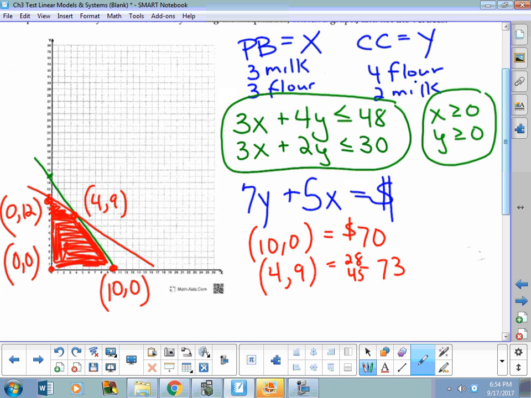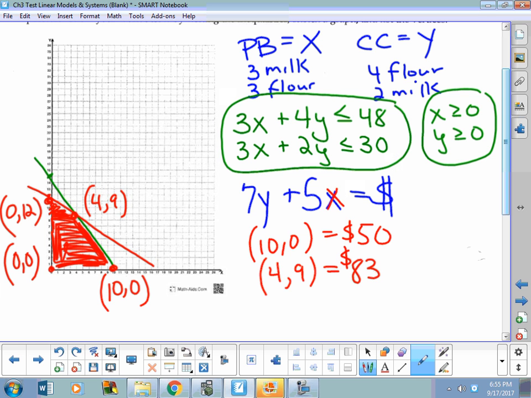Ooh, that looks like $73. Did I get that right? 28 and 45, yep. If I plug in, oh wait, hold on. I'm getting my Y's and X's mixed up. Redo. 10, 0, there's my X, is $50. There we go, sorry. And 20 plus 63, all right, there you go, $83.